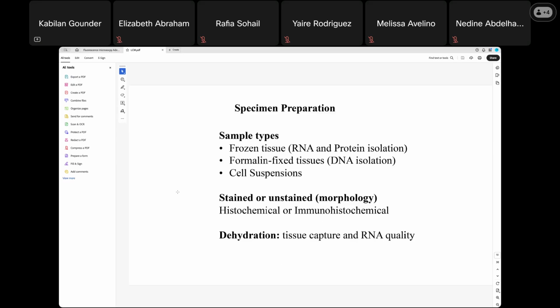So, specimen preparation. For laser capture microdissection, there is no specific preparation. Whatever you prepare for light microscopy or fluorescence microscopy, you can use for laser capture microdissection.